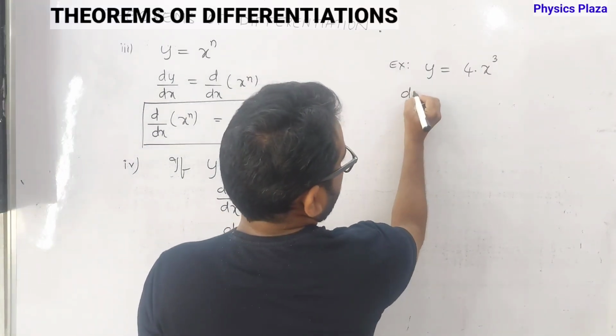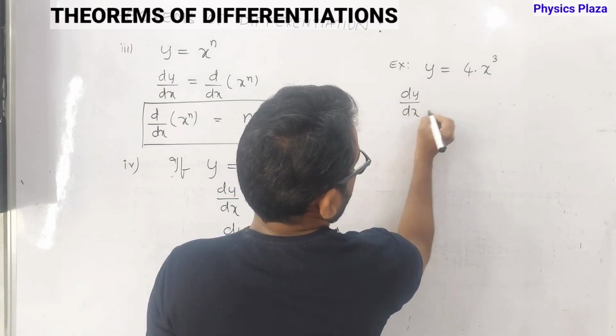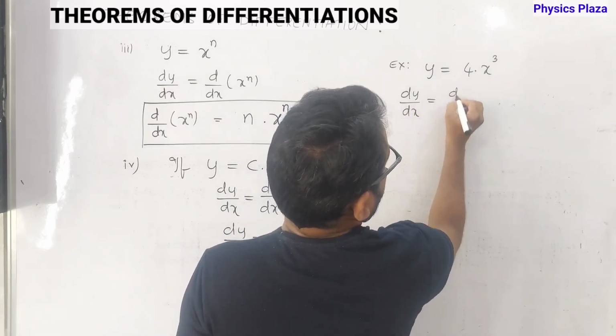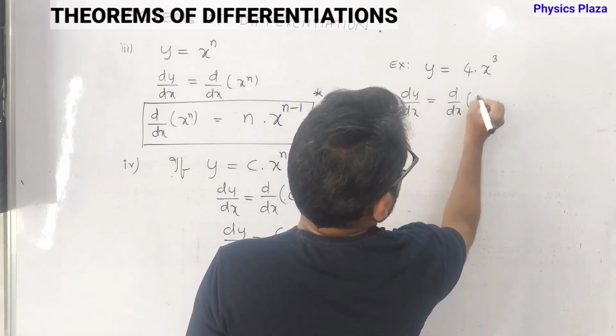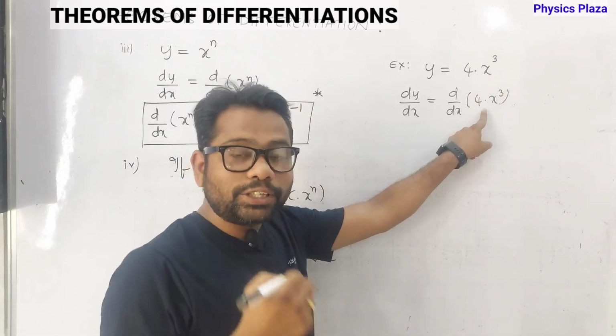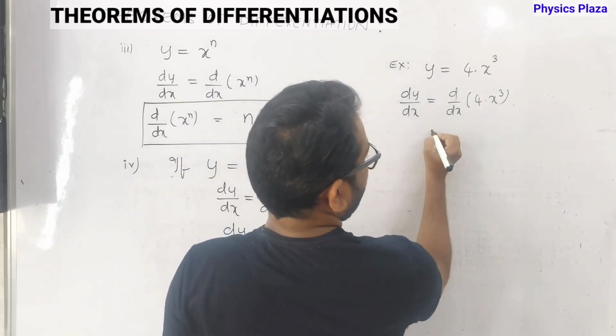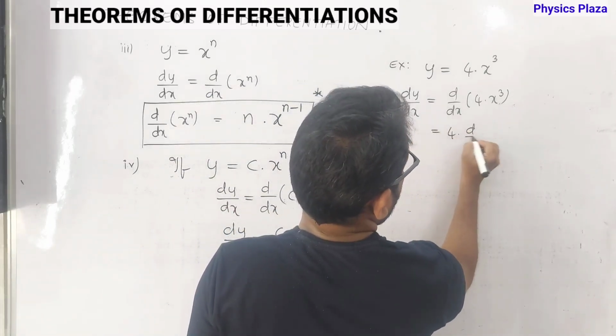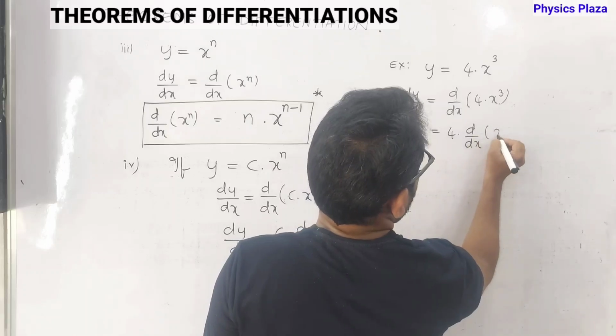That is dy by dx is equal to d by dx of 4 into x cube, children. Here 4 is a constant, just take it outside. So this is 4 into d by dx of x cube.